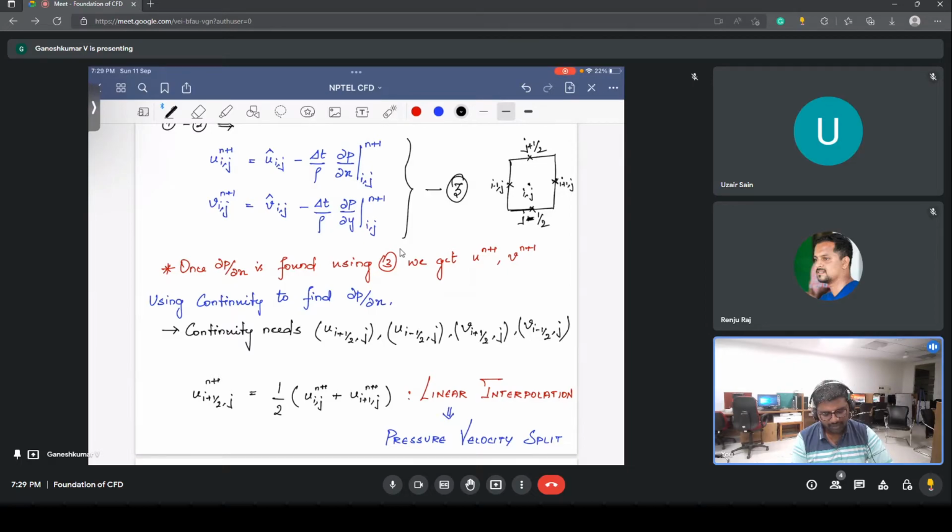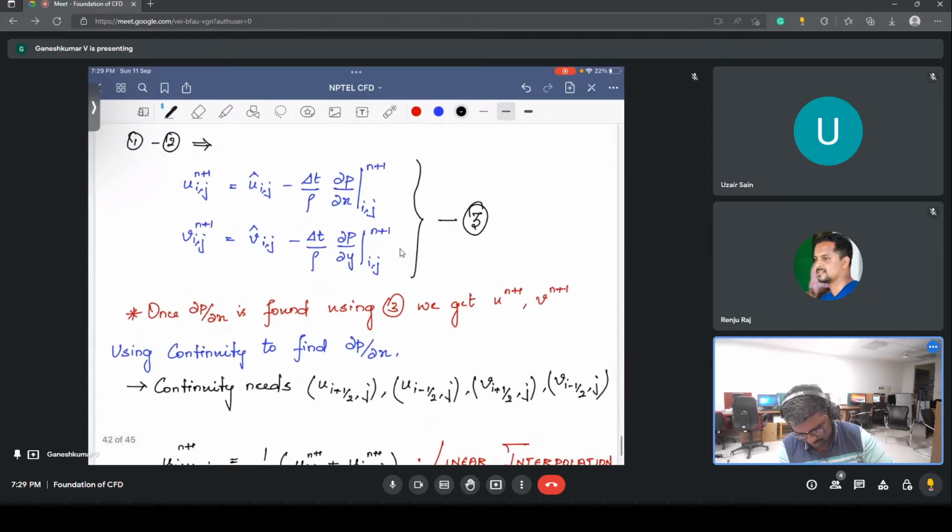So how will we find these face center values? We have i comma j, here we have some velocity. Similarly, we will have another. So this is one control volume, this is another control volume.